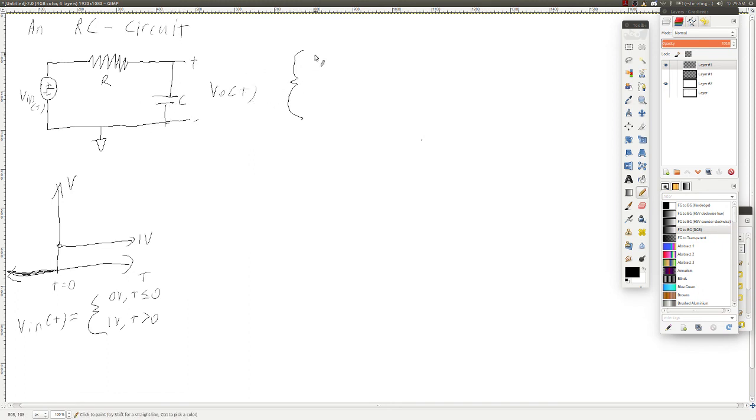Therefore, we can make the assumption that V out is 0 volts for t less than 0. But what about t equals 0? And I'm going to make ourselves a little bit more space here. Hopefully you guys can guess why, or start to form an idea of what this is going to be for time greater than 0.